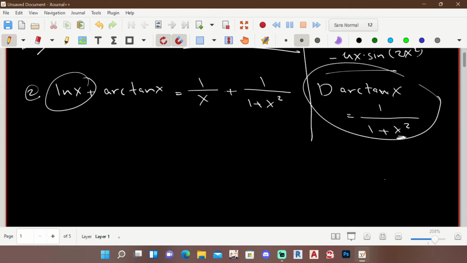When you've got a natural log derivative, you can just have it in a fraction, and then the inner function should be in the denominator, and then you can just multiply by the inner function's derivative, and here it's 1, so that's why I'm not writing it, or it's 1 in the numerator. Okay.